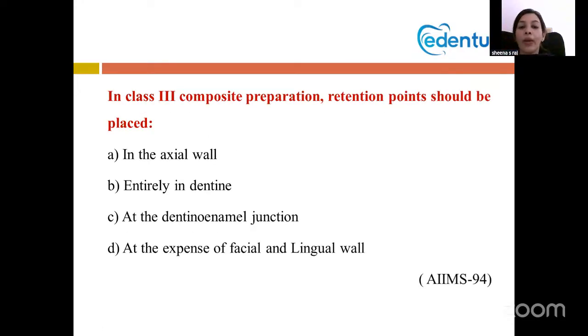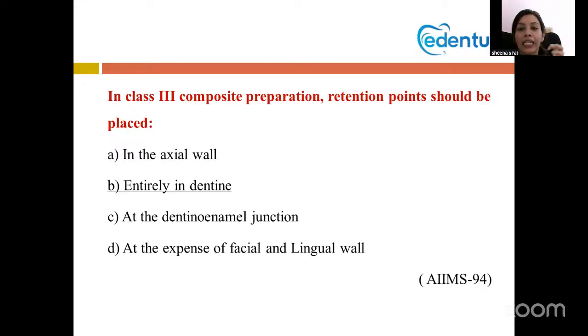Next question: in class 3 composite preparation, the retention point should be placed in. We know that we do class 3 composite restorations. In certain cases, we have to give retentive points in the axial wall, entirely in the dentine, at the dentino-enamel junction, at the expense of the facial and lingual walls. It is entirely in the dentine.